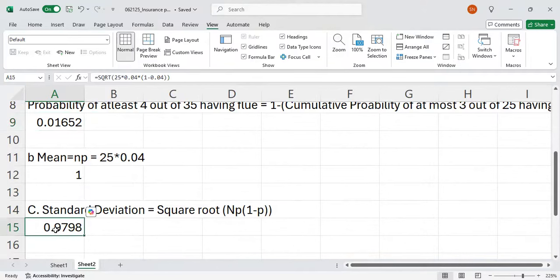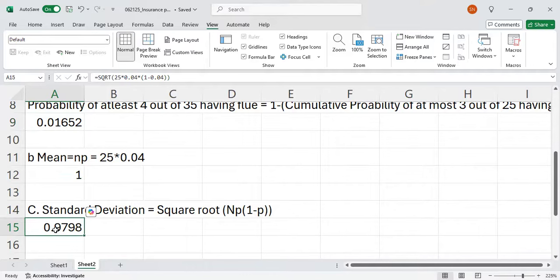Equal to SQRT. Also in Excel, you always have to put in the equal sign for using a function. Square root, in parenthesis, n is 25, p is 0.04 times 1 minus 0.04, whole thing, parenthesis again. Close the parenthesis and you get the answer.